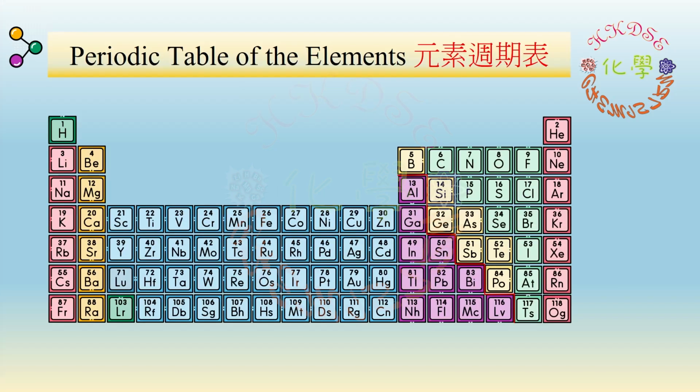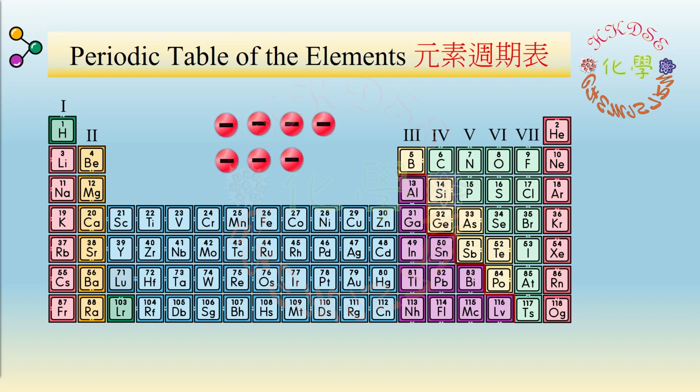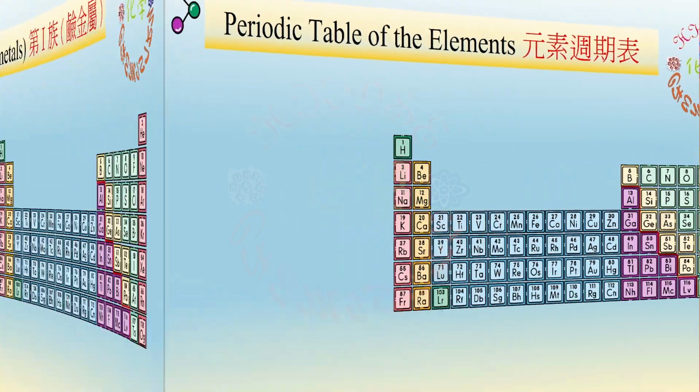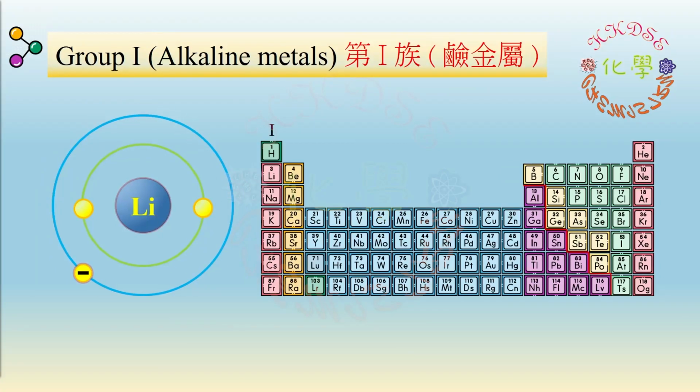Now, one of the interesting things about the periodic table is that the group number tells us how many electrons the atoms of the group have in the outermost shell. So group 1 elements have 1 electron in the outermost shell.